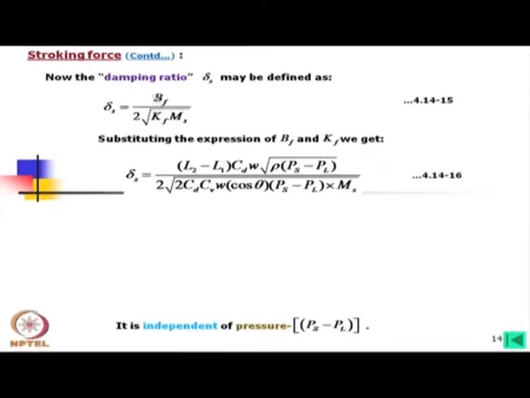we can substitute these two in this equation and we can find that damping ratio is expressed by L2 minus L1 C d W under root rho P s minus P L, and in the denominator 2 root over 2 C d C v W cos theta P s minus P L into M s.